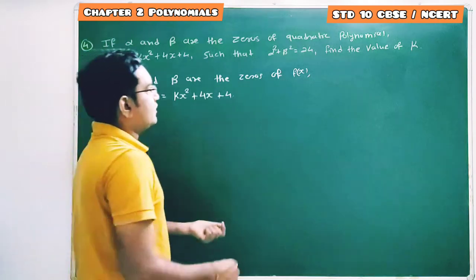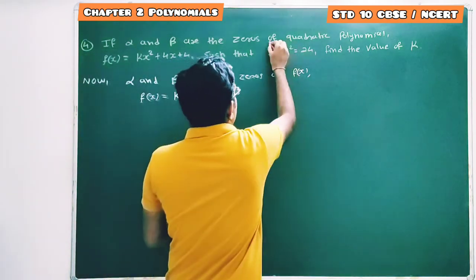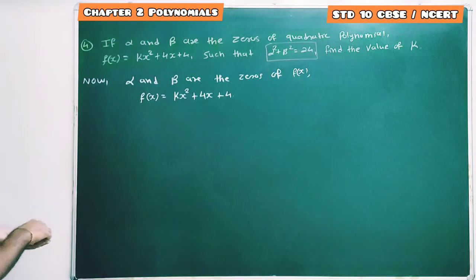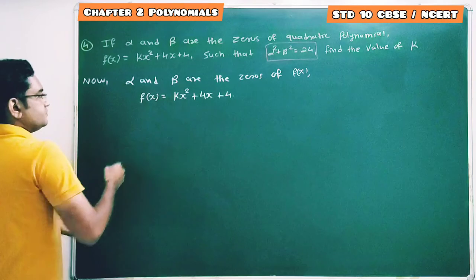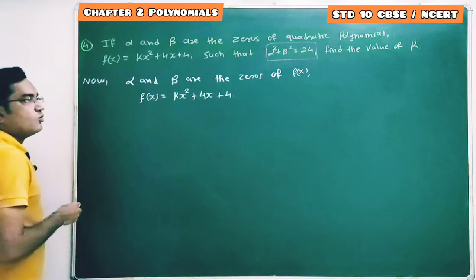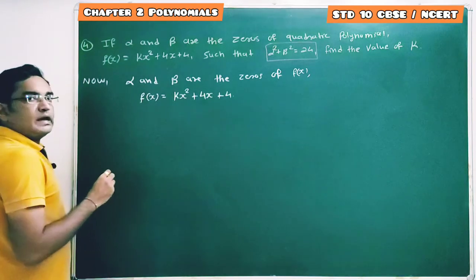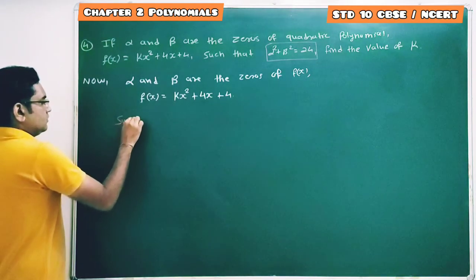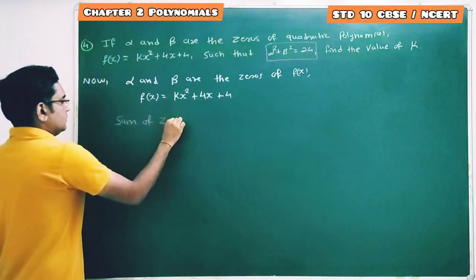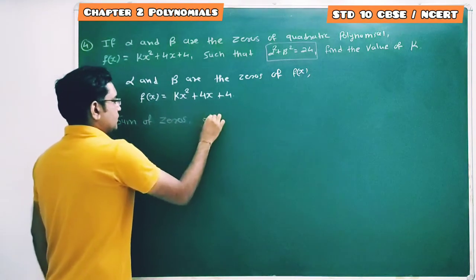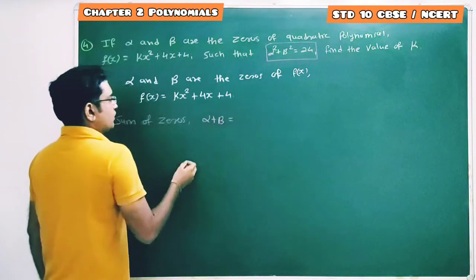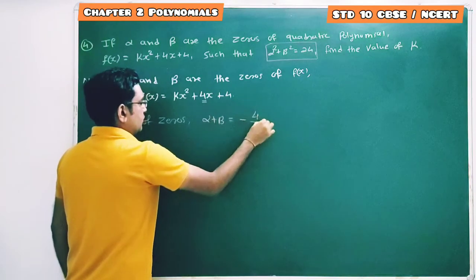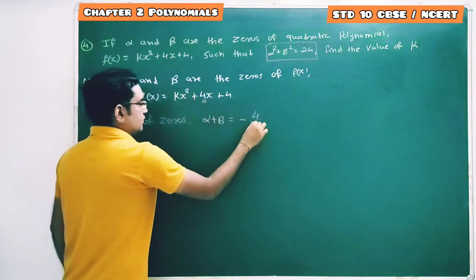We are given that alpha square plus beta square equal to 24. Find the value of k. So from this given polynomial we can write sum of zeros and product of zeros, that is alpha plus beta and alpha into beta. So now sum of zeros is nothing but the alpha plus beta equal to minus of coefficient of x upon coefficient of x square, k.